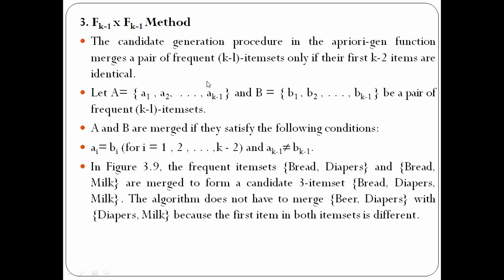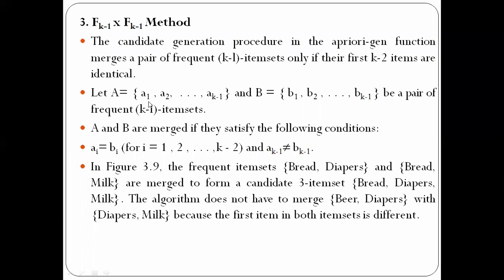Then only we can perform the joining of F2 here. If you're finding C4, then the first two items must be the same. So in general, if you're performing the cross product or merging of frequent k-1 item sets, then their first k-2 items must be identical.